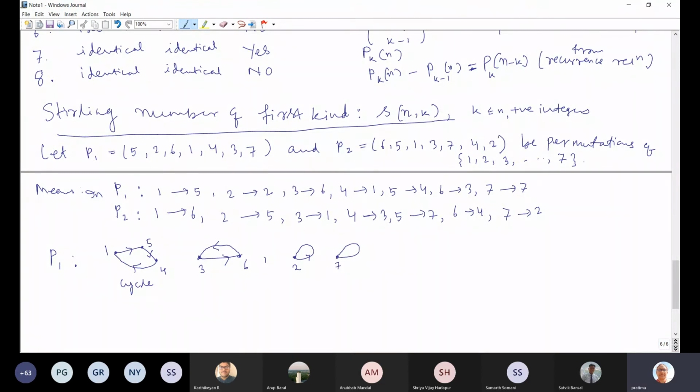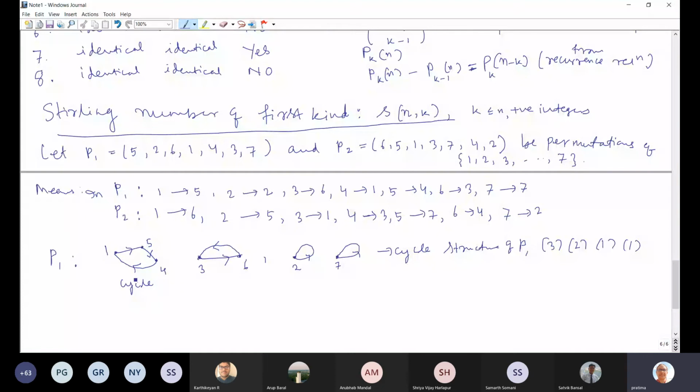So this is the cycle structure of P1. It contains a 3 cycle, another 2 cycle, and 2 1-cycles.